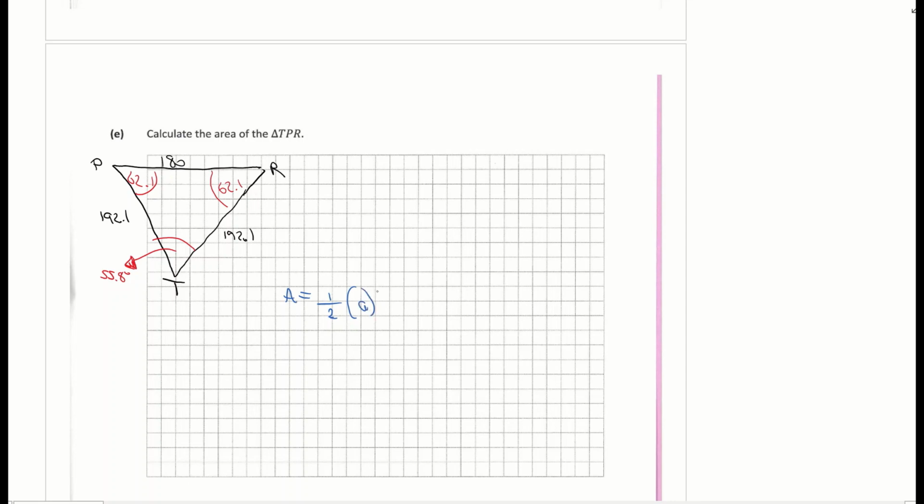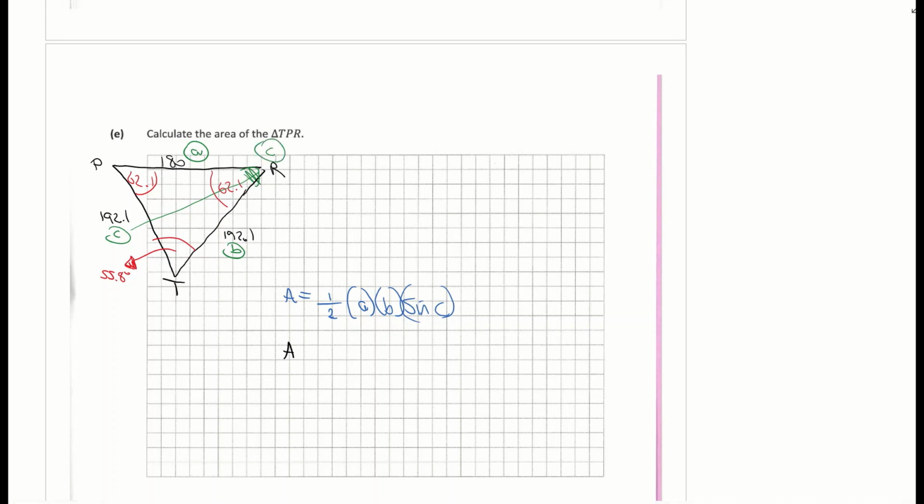So half AB sine C. And filling in my formula, again, it doesn't matter which sides you want to use as your A's and B's. I'm going to stick with 180 as my A. I'm going to use 192 as my B, and the third side then as my C. So the angle C is going to be across from the side C, which is my R, in other words.